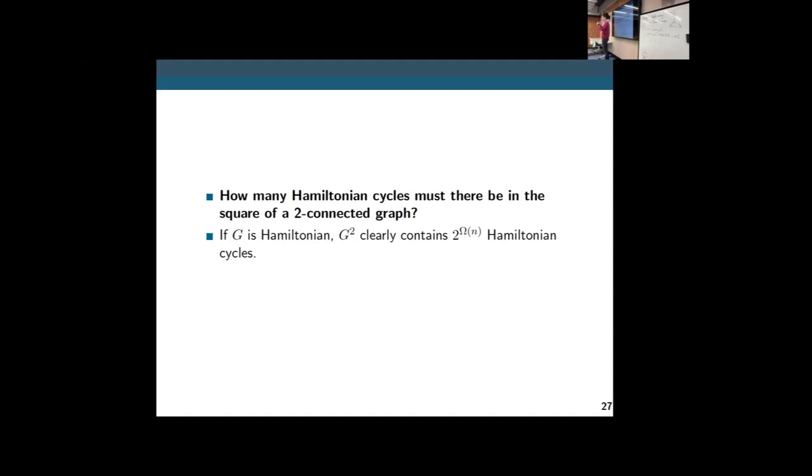But in the square, I can also do A, C, B, D. You agree? So you get exponentially many. You have all these switches, right? So this is really easy. But this is one of the things we use, and it's enough.